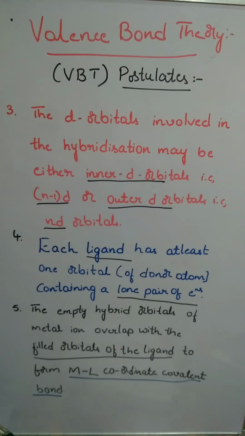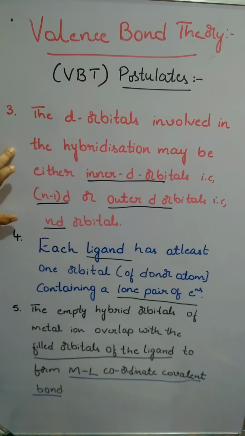The first two we have already studied: the number of empty orbitals of the metal is equal to the coordination number of the metal. Next is hybridization, which leads to equal energy orbitals that give rise to a definite geometry.